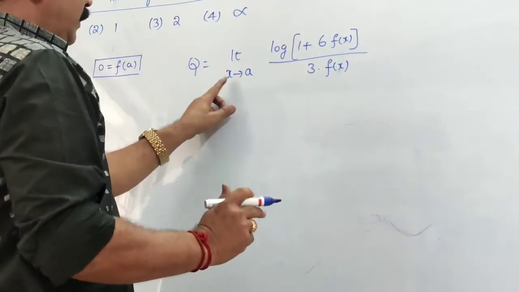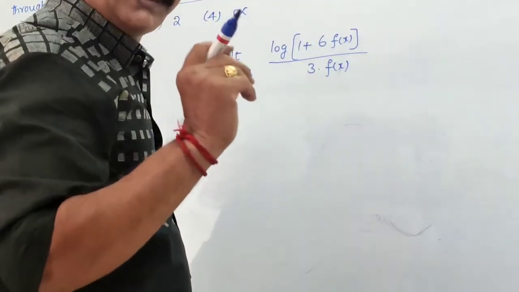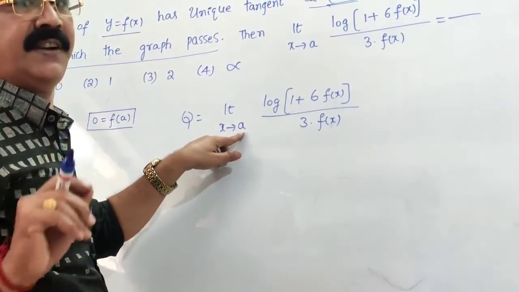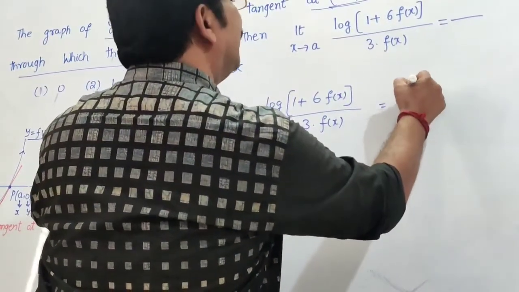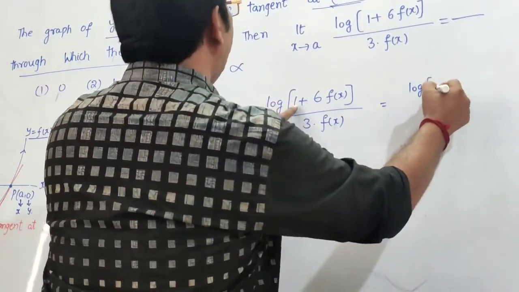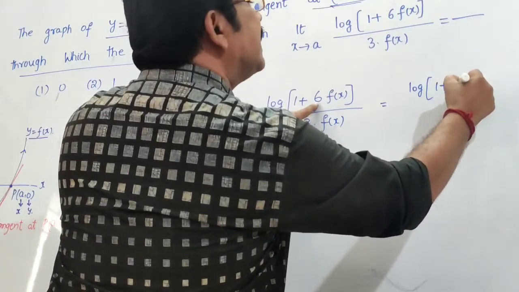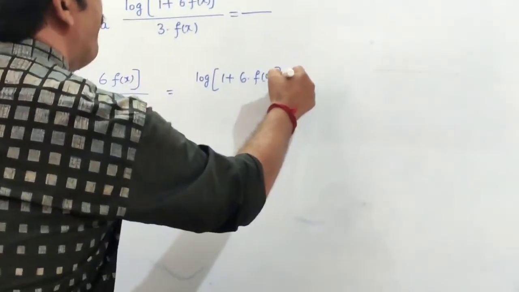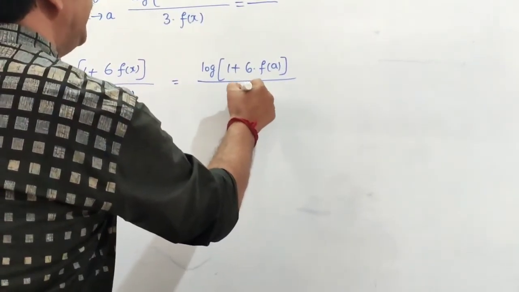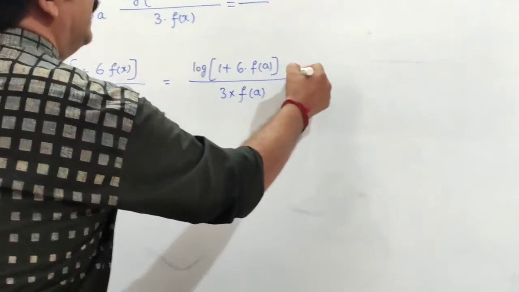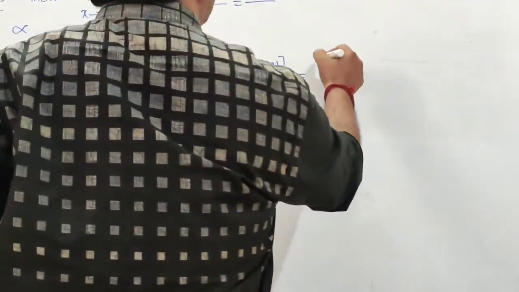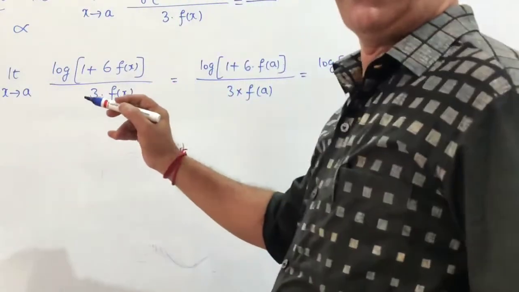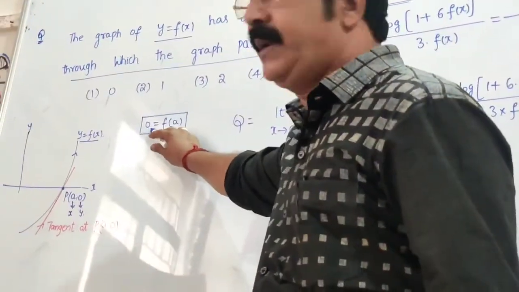You see here, first, what is the procedure? Putting x equal to the given point directly in the given function. So that is equal to log(1 + 6 f(a)) divided by 3 f(a). What is the f(a) value? You come here: f(a) is equal to 0.